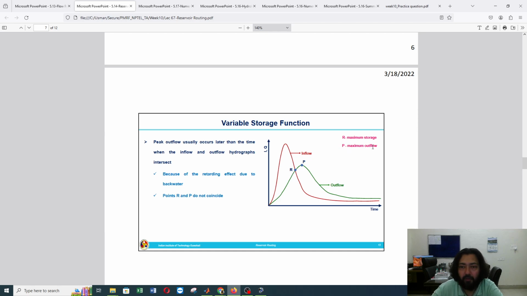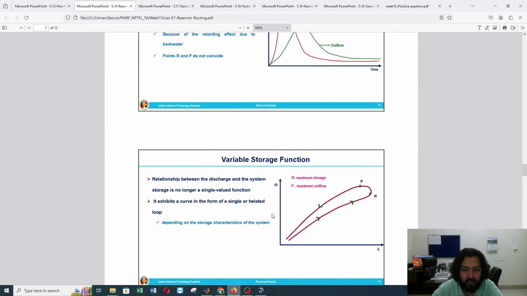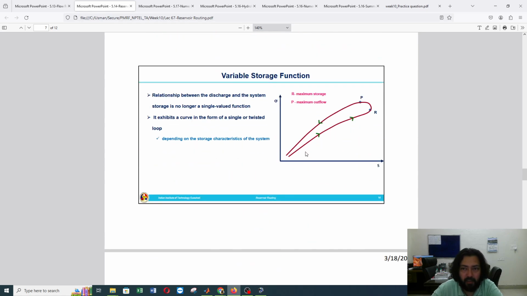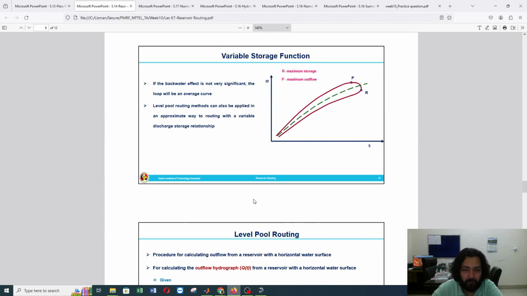But the maximum outflow occurs at a different point, and this is due to the effect of backwater. In the invariable storage case, R and P occurred at the same point, but here, because of the effect of backwater, the maximum outflow occurs at the peak of outflow. So this is how the curve is represented here. The peak of outflow is achieved first and then R is achieved, the maximum storage.